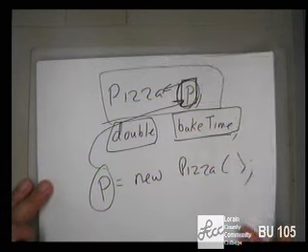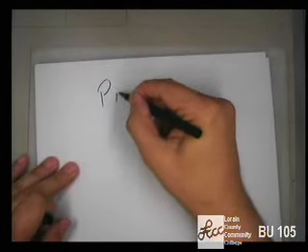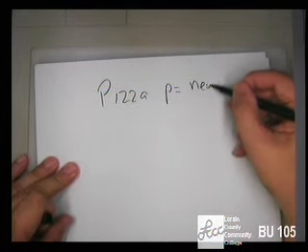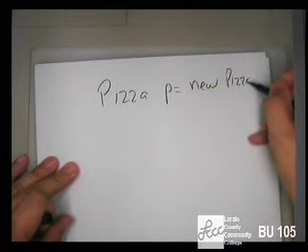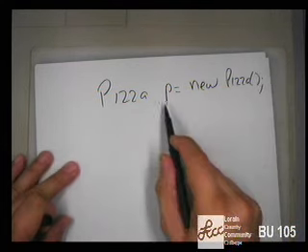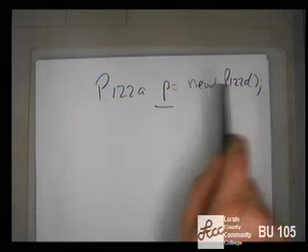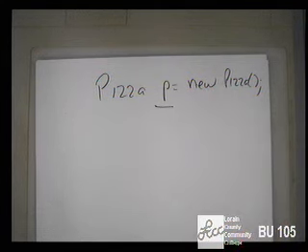Now, if you put this together on one line, we've declared that we have a variable that's going to store pizzas, and we've gone and we've made the pizza. So our variable p now points to a pizza object.